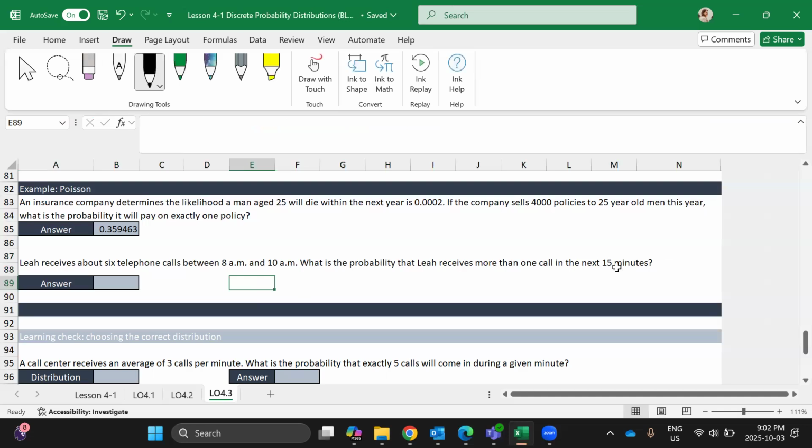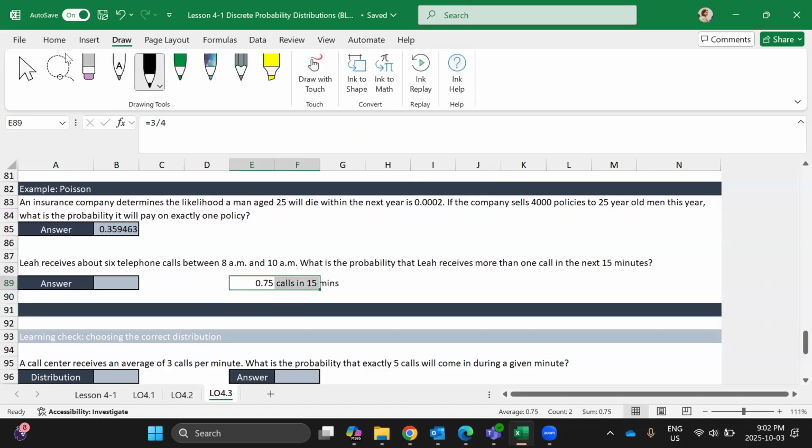How many 15-minute blocks are there in 1 hour? We have 4: 15, 30, 45, 1 hour. So if we have 3 phone calls per hour and 4 15-minute blocks in 1 hour, you should expect to receive about 0.75 calls in 15 minutes.